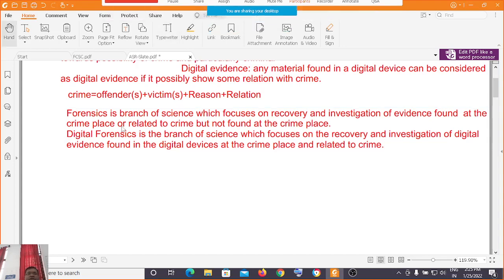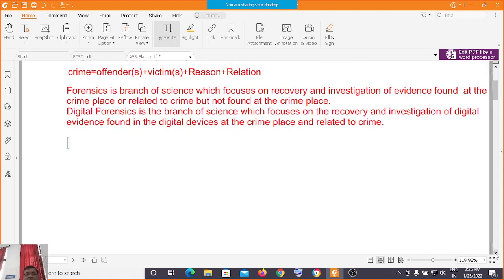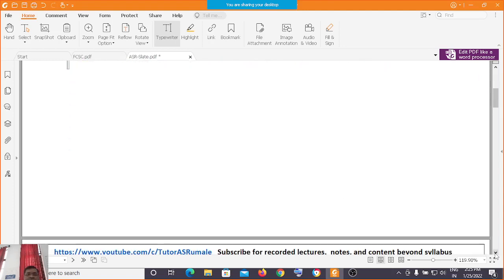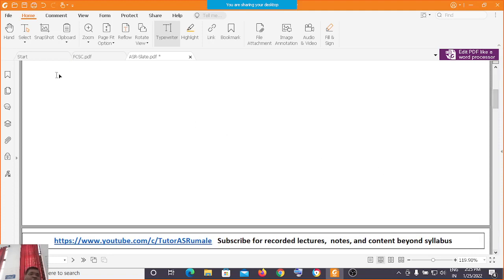So whenever in a digital forensic we are trying to collect the data which actually happened or was found at the place where a particular crime occurred, we have to check for this thing.